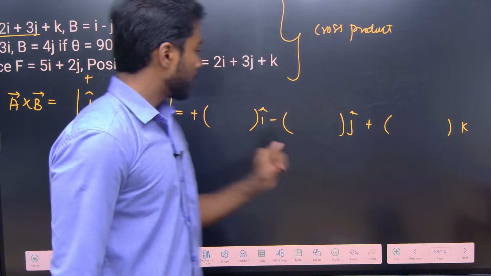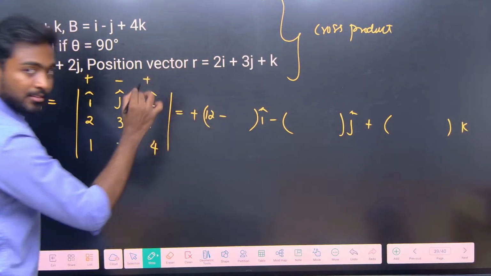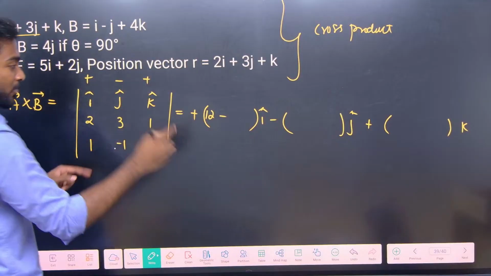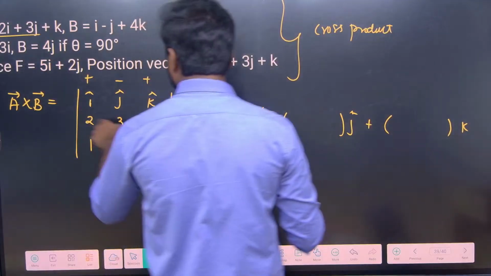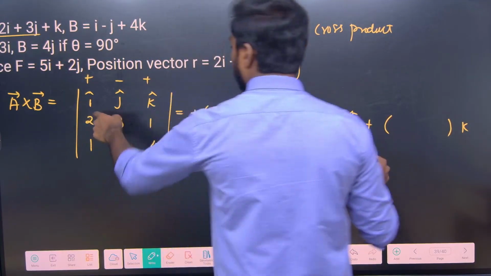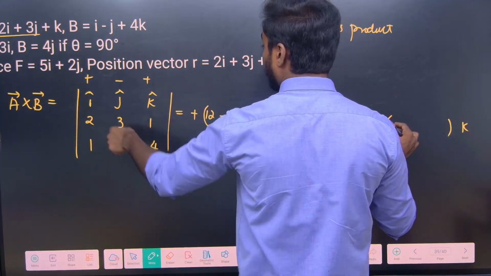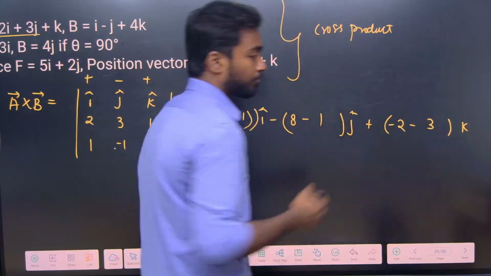We will check it. For i cap, 3 into 4 is 12, minus 1 into 1 is minus 1, so minus of minus 1. The next one is j cap, 2 into 4 is 8, minus 1. Next k cap, 2 into minus 1 is minus 2, minus 1 into 3 is minus 3.